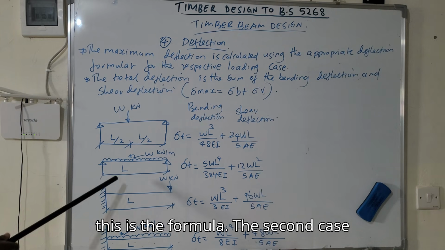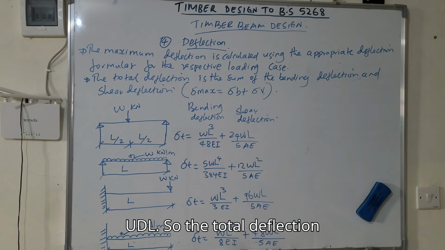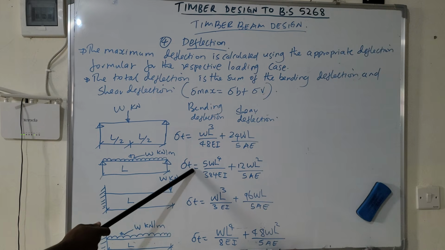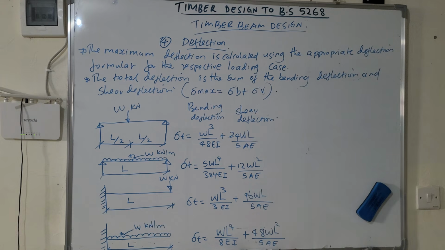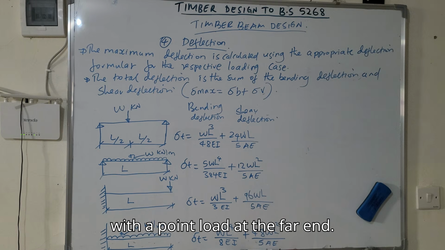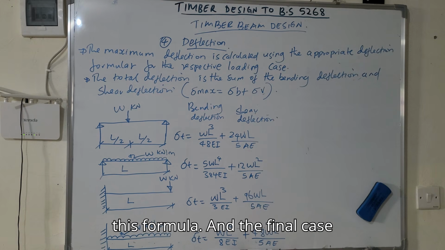The second case is a simply supported beam with a UDL. So the total deflection is this. You use this formula. So the third case is this one. So this one is a cantilever beam with a point load at the far end. So the total deflection is this formula.